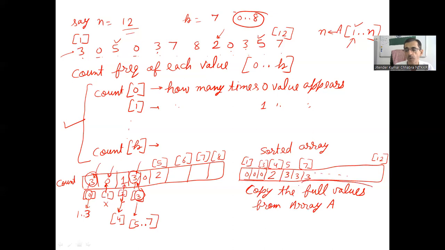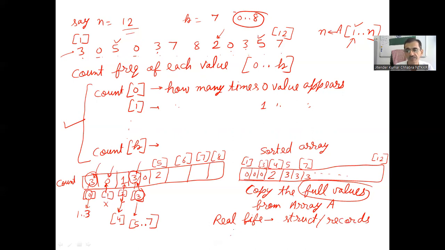Why am I saying a copy? Because in real life, the values are not simply one value which we are going to use for our programming. They are full arrays, full structures, full records, where along with the sorting value, they will have various other fields also.